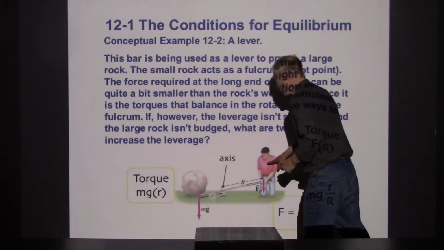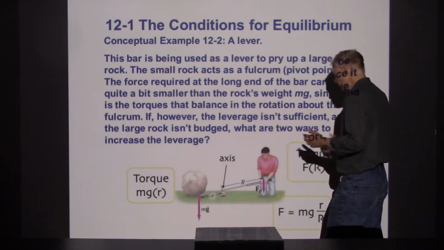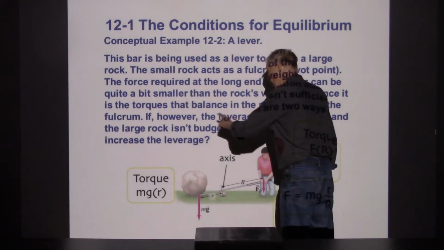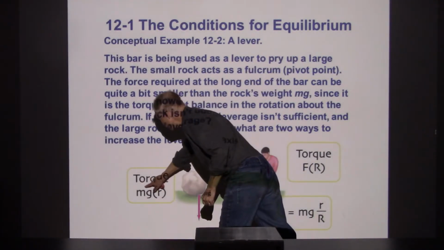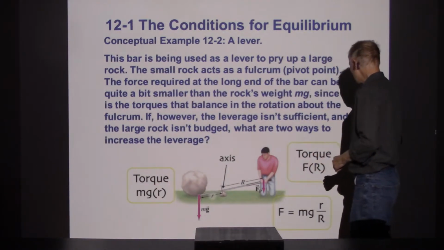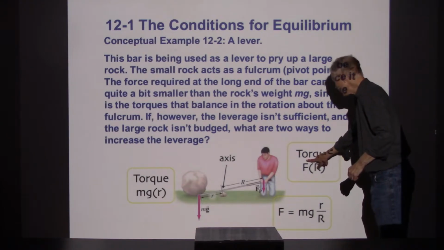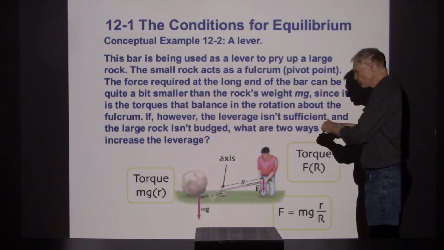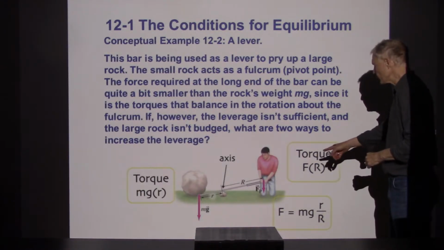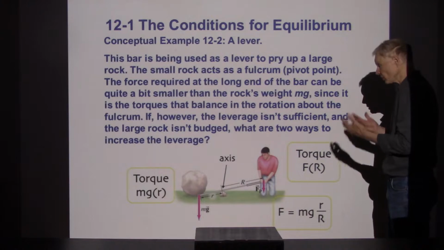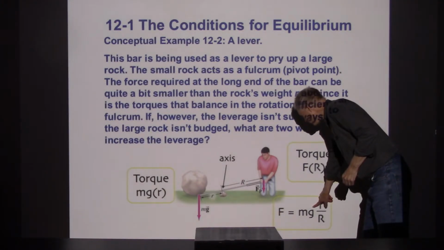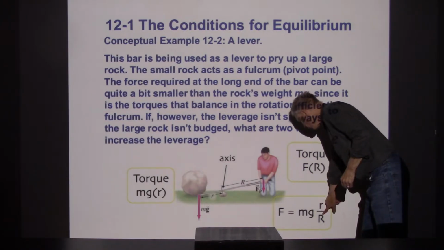The torque on this side is going to be mg times r, and the torque on the other side is going to be big F times big R. And when we push down and set up those torques, it says that the force we are going to be pushing with in order to lift the rock, in order to balance out the torques, we just need to lift with mg little r over big R.